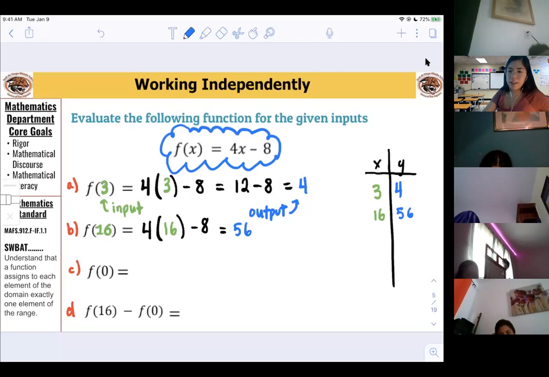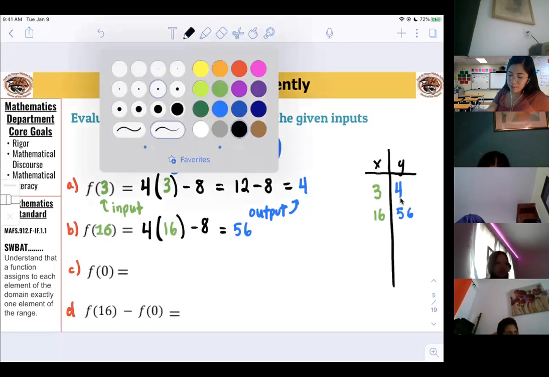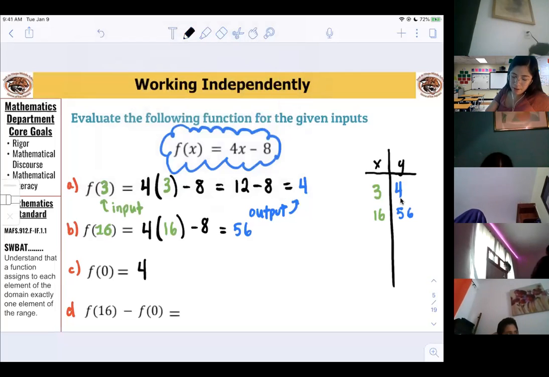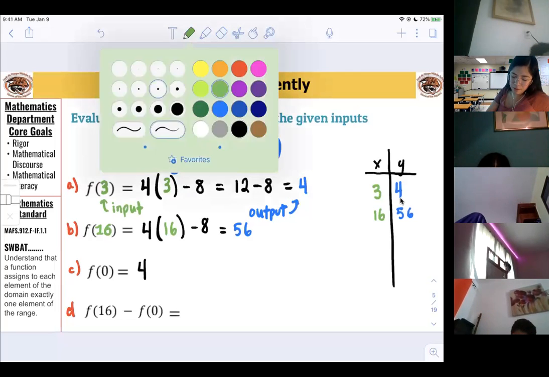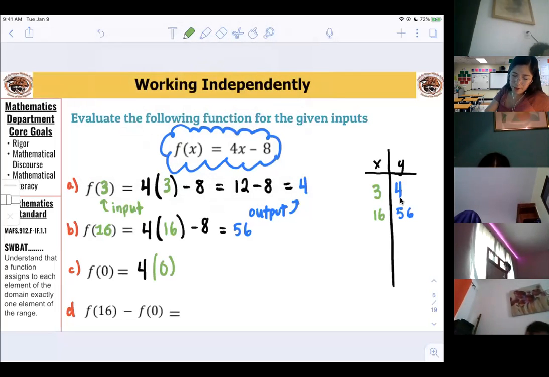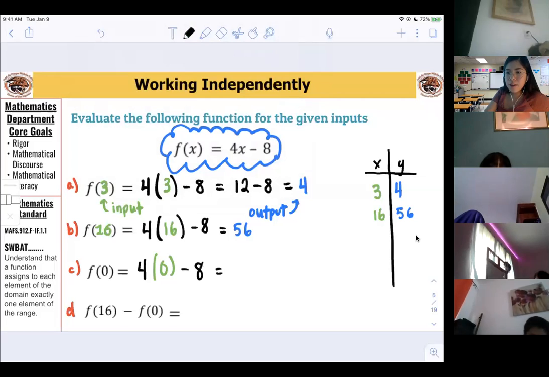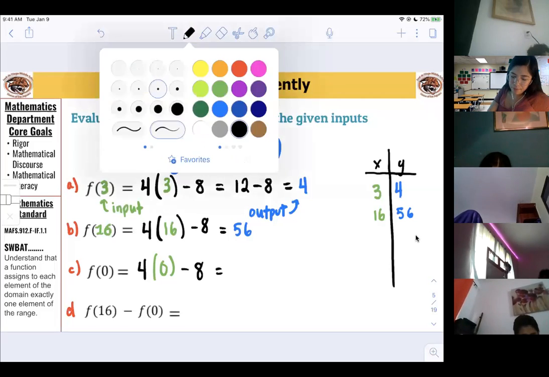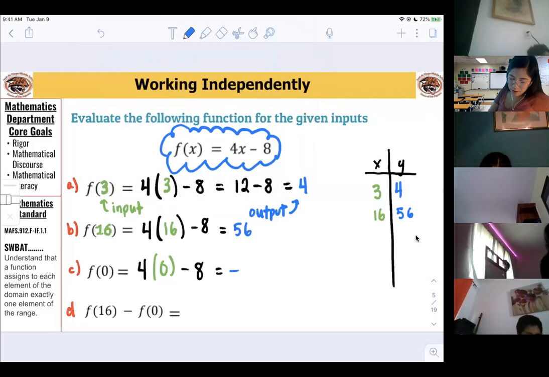Okay, I'm seeing a lot of correct answers in the chat, so let me go through it. All I'm doing is plugging in 0 now. So I have 4 times 0 minus 8. And pretty much everyone got the correct answer, which is negative 8.